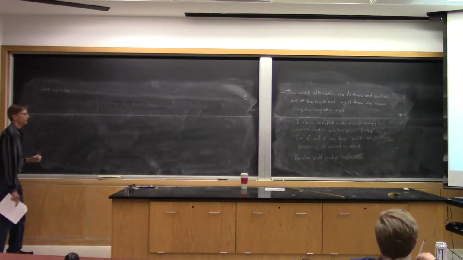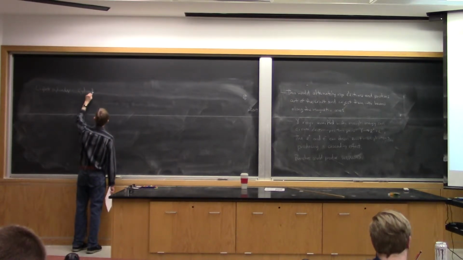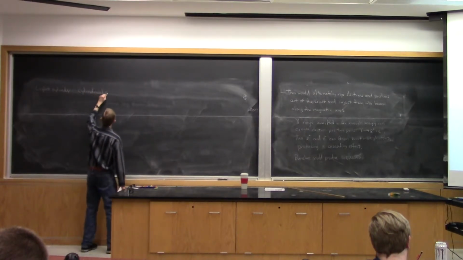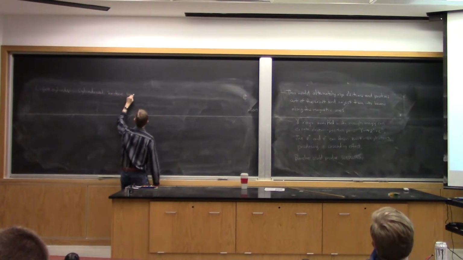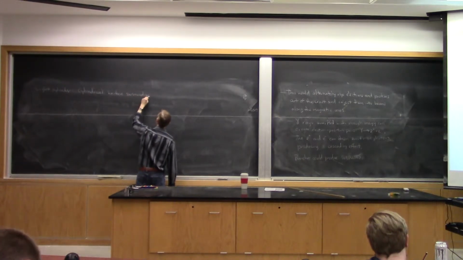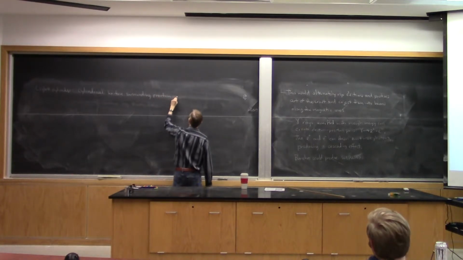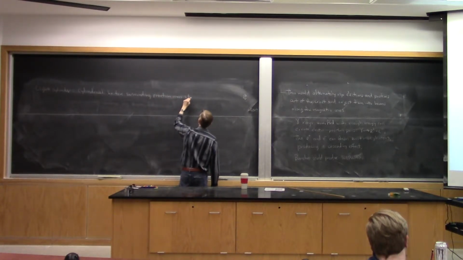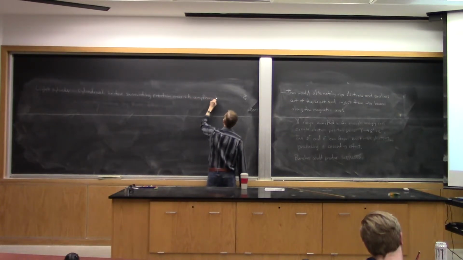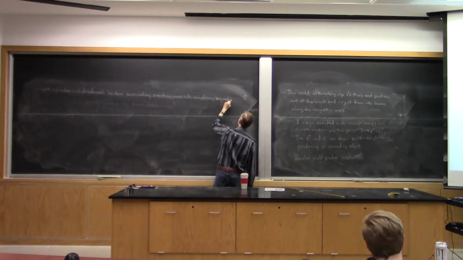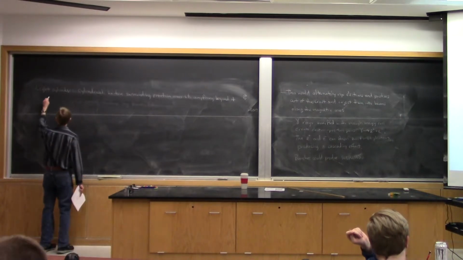So, the light cylinder: a cylindrical surface surrounding the rotation axis, such that anything beyond it, co-rotating with the pulsar, would be moving faster than light.